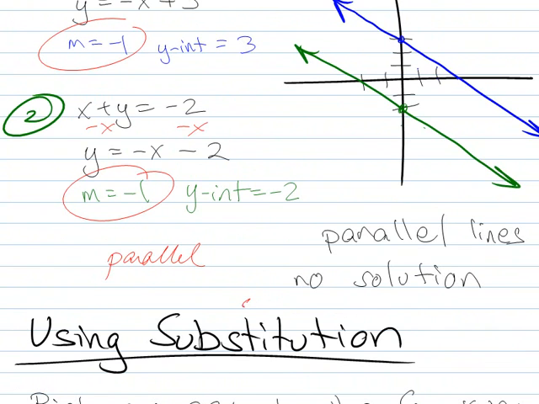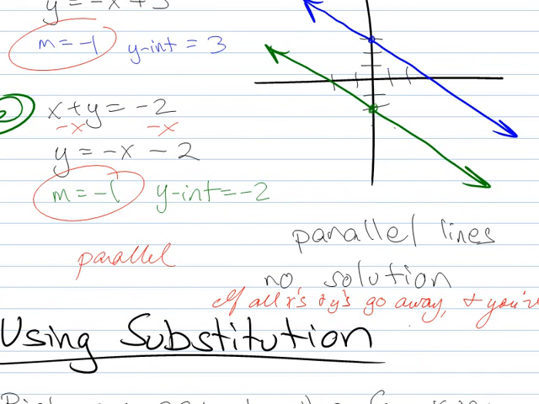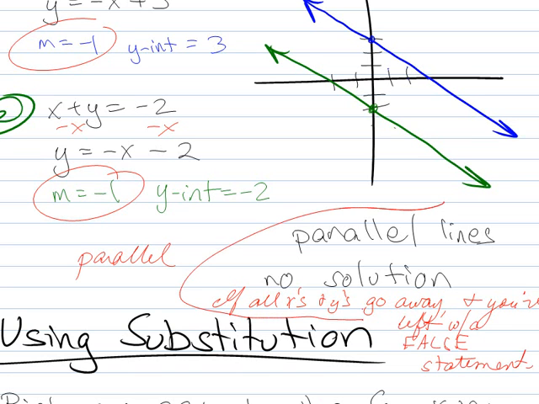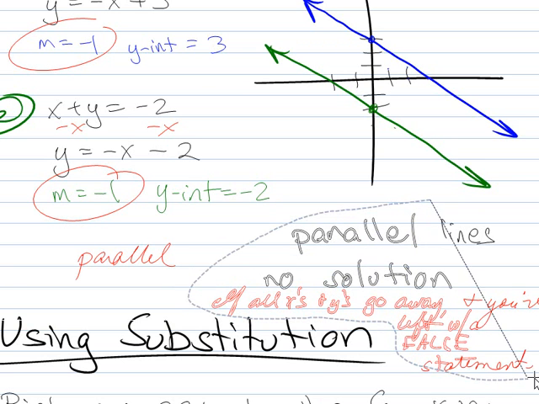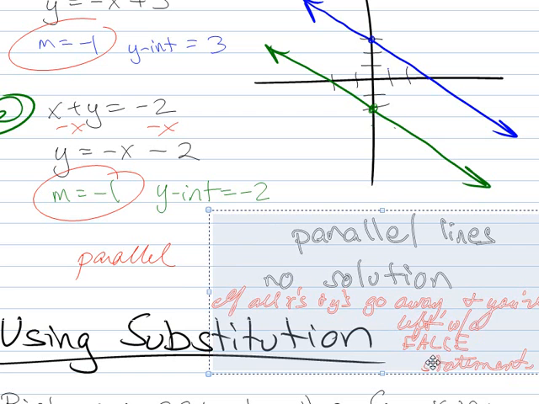Or you could say if all your x's and y's go away and you're left with a false statement, then that means that you very much have no solution. Let me move this over here so it doesn't look so funky.